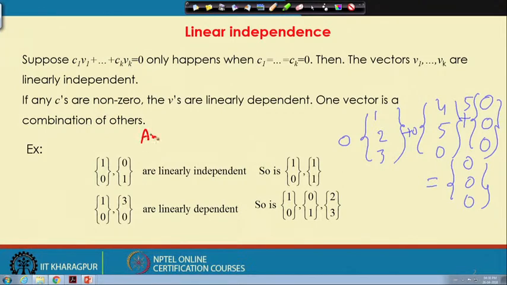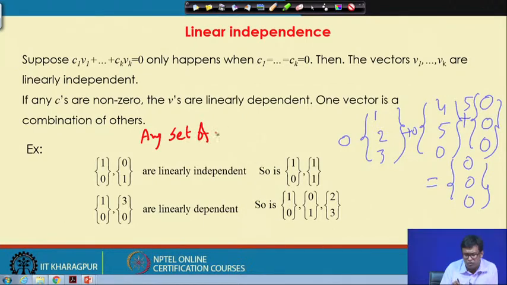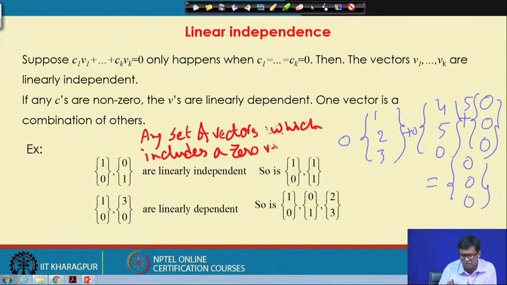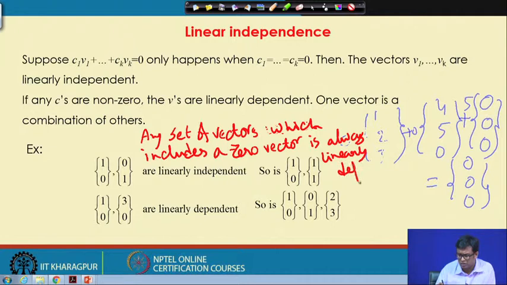So, any set of vectors which includes a 0 vector is always linearly dependent.